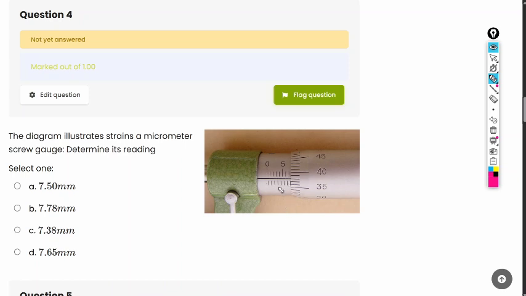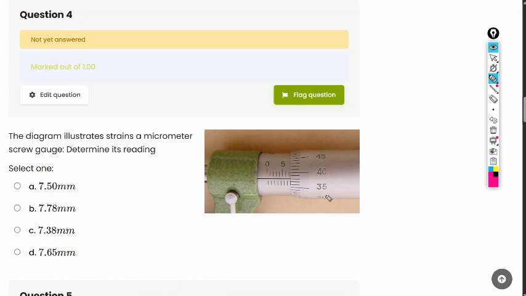The readings on the sleeve are 0, 0.5, 1, 1.5, 2, 2.5, like that. The readings on the other side are between the whole readings, so those give you 0.5, and then this other part gives you the extra accuracy.